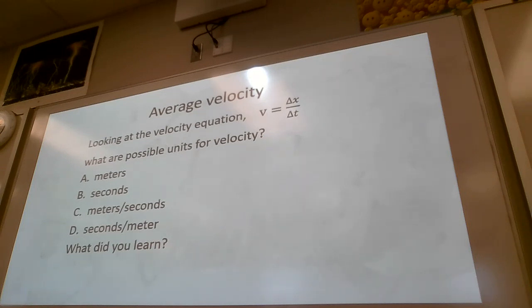Okay. Correct answer is C. Now, you might have been able to figure that out by just association, like, oh, speed is measured in miles per hour. Velocity is kind of like speed. Meters per second follows that same pattern.